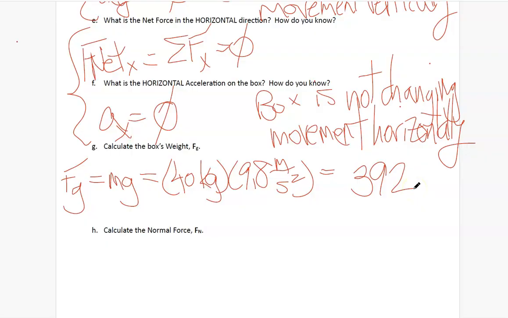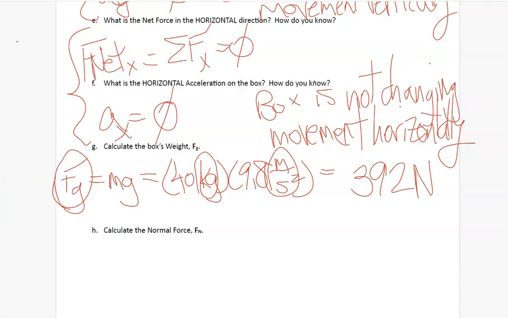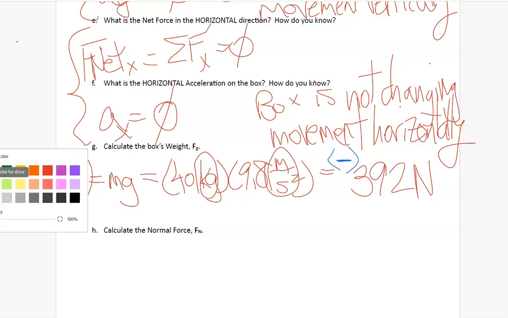Well, forces are always in newtons. When you multiply kilograms times meters per second squared, you get kilogram meter per second squared, but we call those newtons. And now we make a note here. Since this is pointing down, we make a note that this is going to be a negative force. We just kind of make a note that it's negative. All right, this will save us some trouble later.